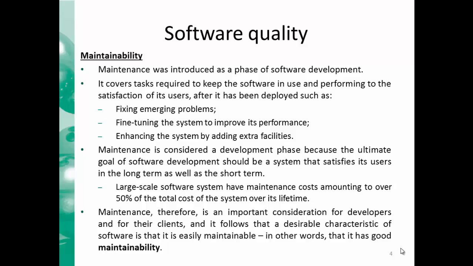It's very important to have software that can be easily maintained, which means a system with good maintainability, because the environments are changing, the requirements are changing, so we need software that can easily accept these changes and be easily maintained to keep the user and the client satisfied all the time.